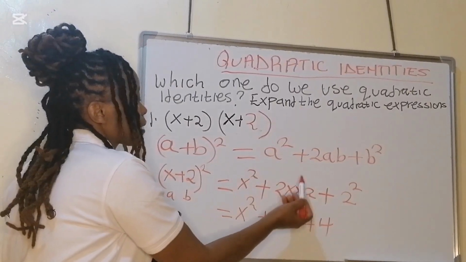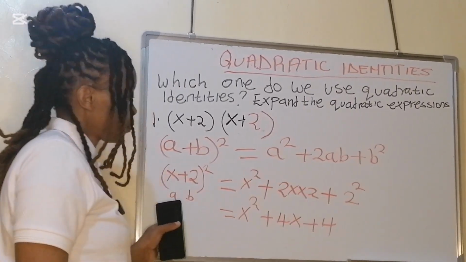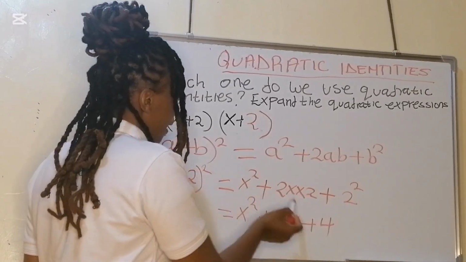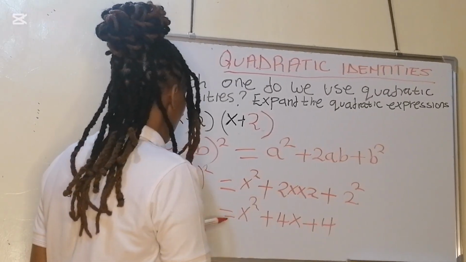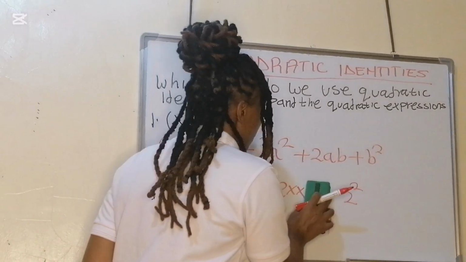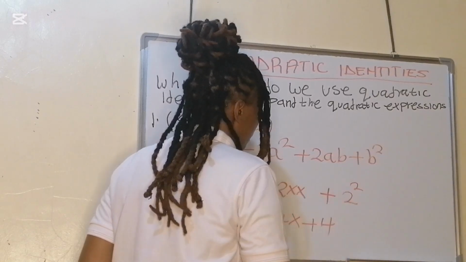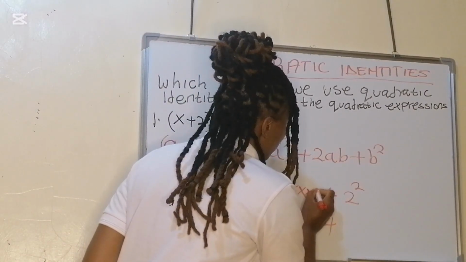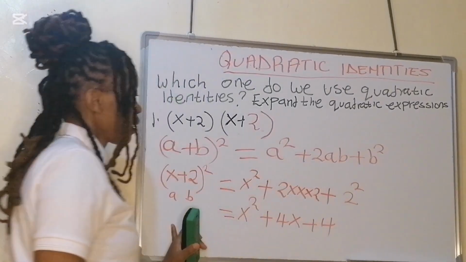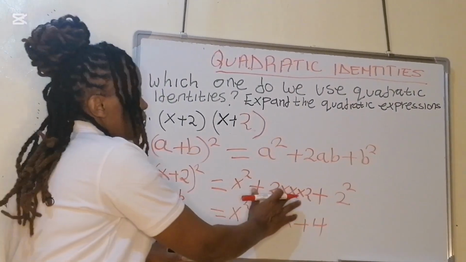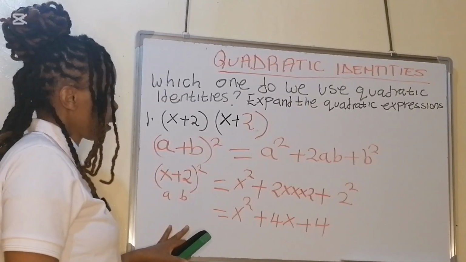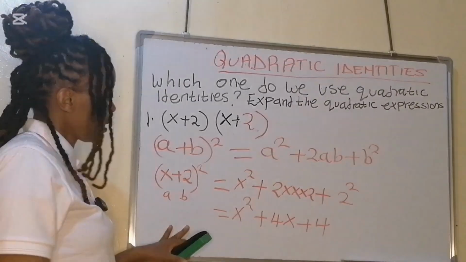It is 2 times x times 2. The multiplication sign sometimes looks like x, so don't be confused there.